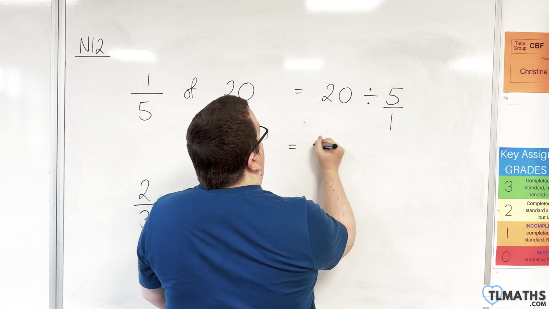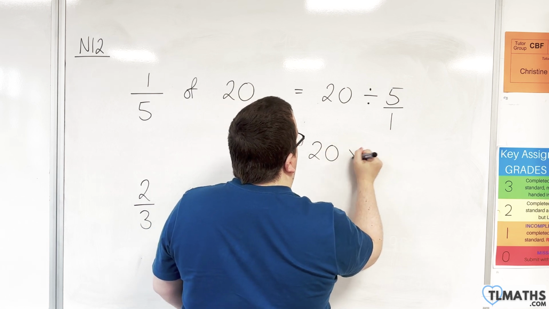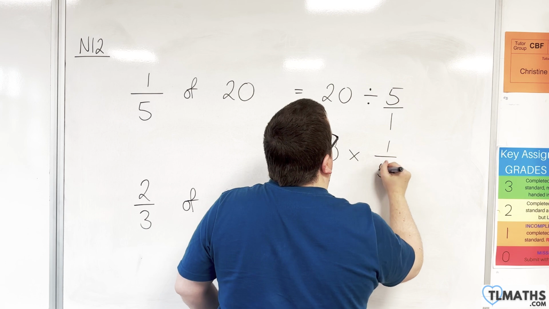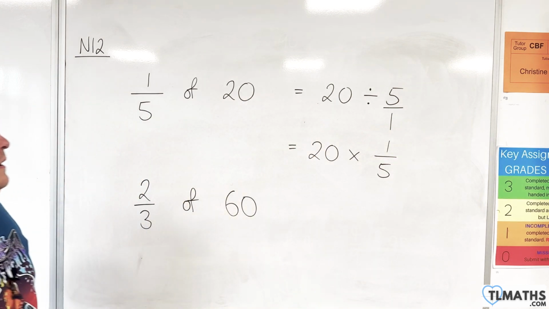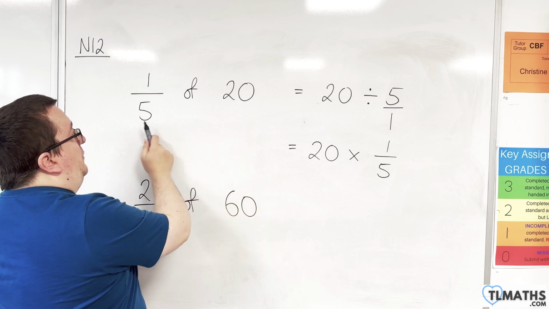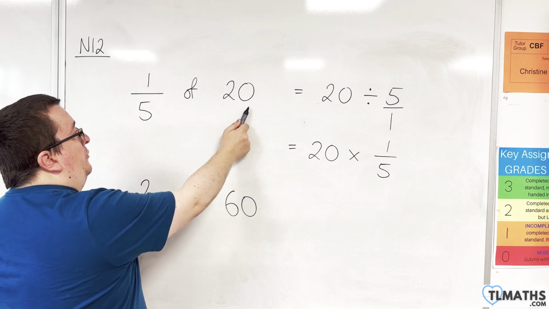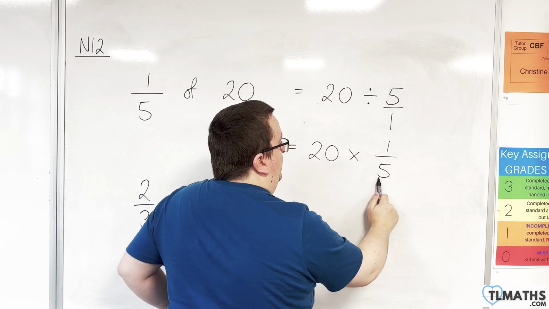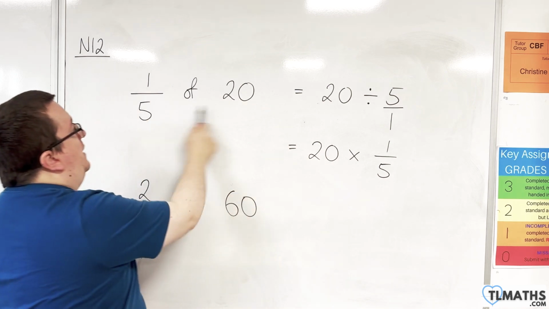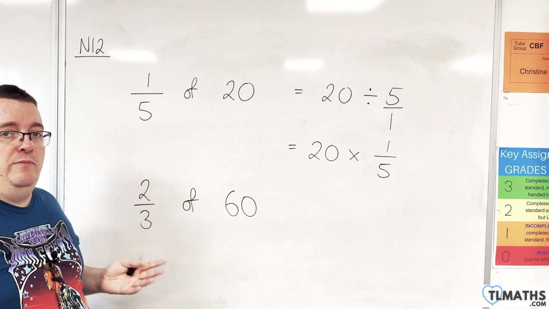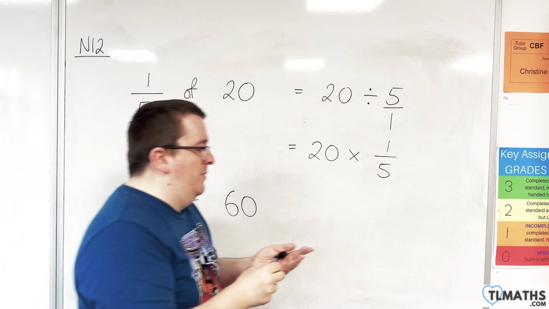So this is the same as 20 times the reciprocal of 5 over 1, which is 1/5. And as I just said, 1/5 of 20 is the same thing as 1/5 times 20. And it doesn't matter which way round we multiply numbers, so this is the same as this. So all three of these things mean the same thing. We're trying to work out exactly the same thing.